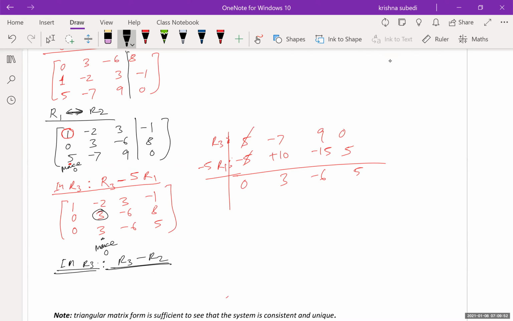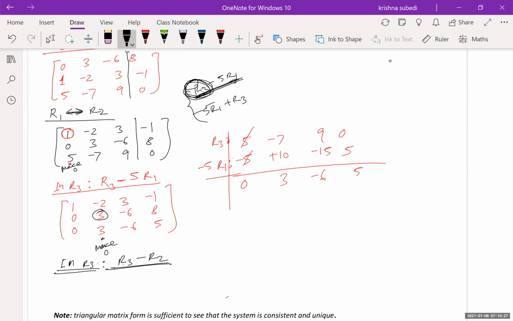Notice that whatever operation we do, I wrote that first. Okay, I could have written this -5R1 plus R3, or I could have written R3 minus 5R1. They are the same thing. But remember, I write this intentionally because whatever the first row or column you see, that's where the operation is done. Okay, that's the convention that we'll be using.